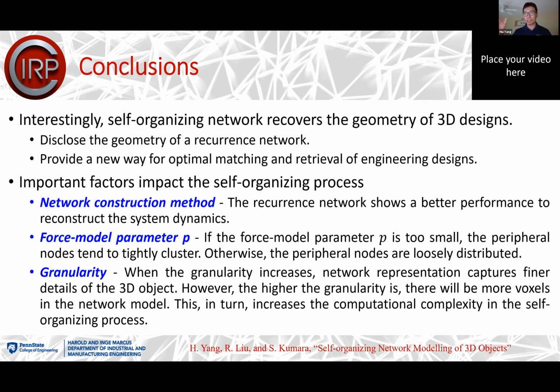Otherwise, they are loosely distributed. That means the force is not controlled very well. And for the granularity, if you increase it, the network representation becomes finer and finer, and captures finer details of the object. But the computation is going to be more expensive, because there will be more voxels.